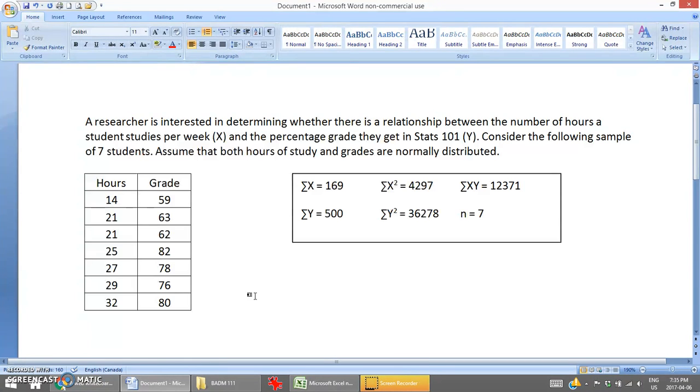Other independent variables could be attendance, a grade in a previous related course, or a grade you have in a high school math or English course. So there's a variety of different independent variables we could use to predict the success in stats.